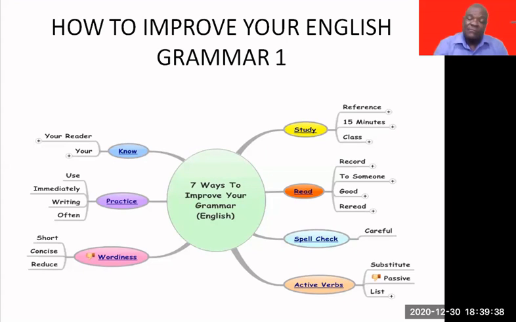Of course, this can also be linked to the use of a dictionary that will help you. Whenever you come across an unfamiliar word, you look it up in the dictionary.